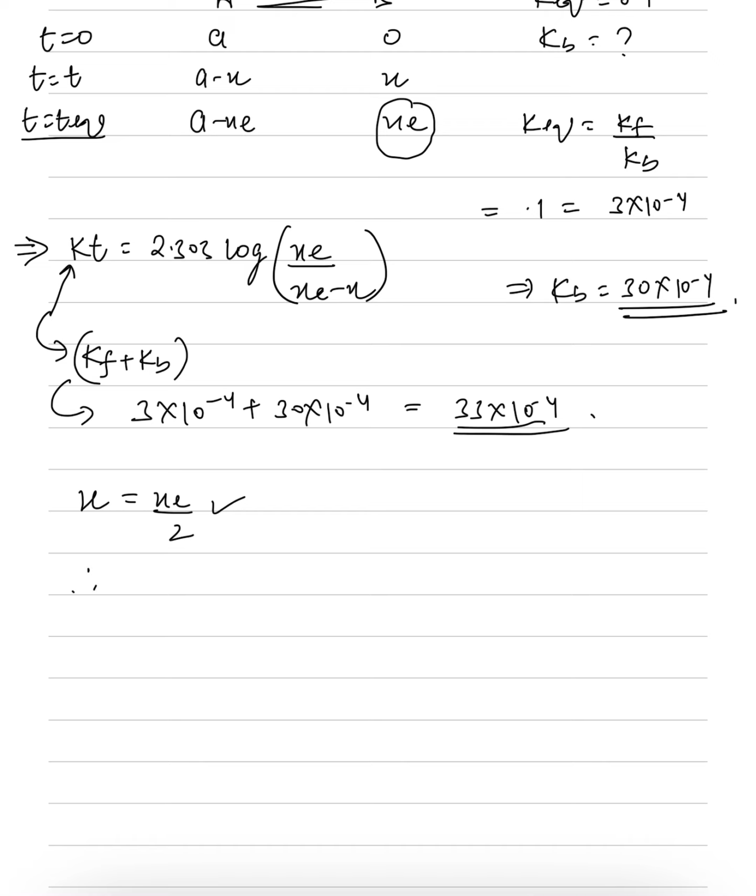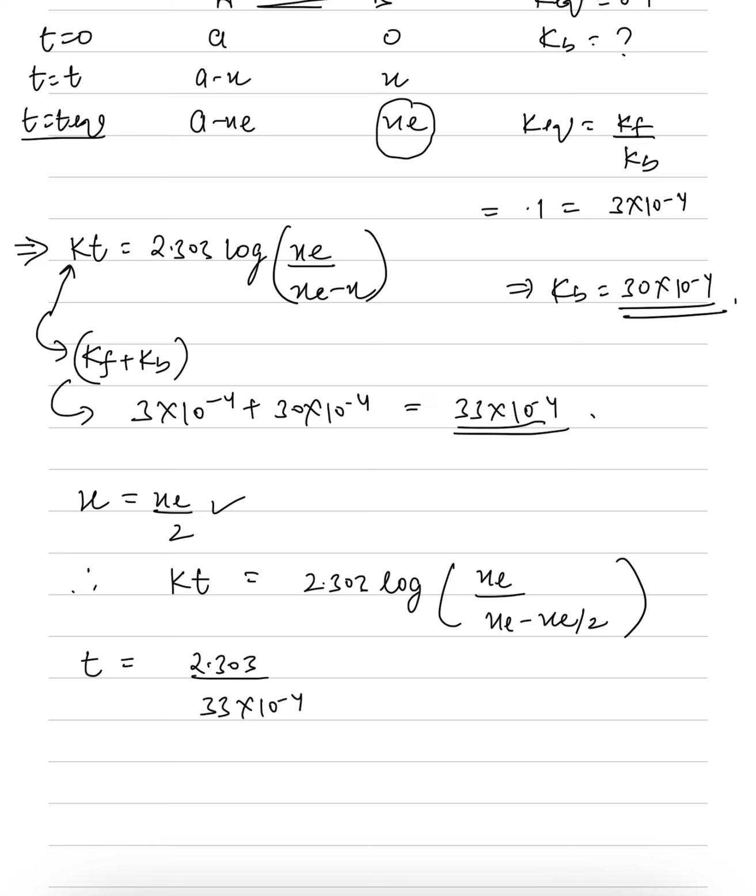Now we have to directly put the values. That means Kt is equal to 2.303 log of Xe upon Xe minus X. So X is given to us as Xe upon 2. So here the t comes out to be 2.303 upon 33 into 10 raised to the power minus 4 into log of, if you solve this bracket part, it will come out to be 2, right?